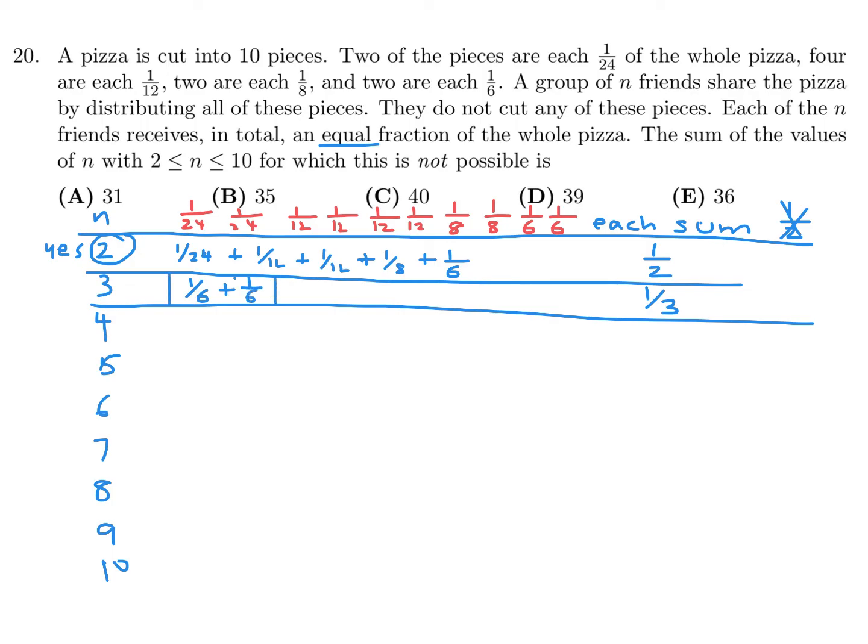The other person would get all 4 of those 1/12 slices. And then the remaining slices would go to the other guy. It's the 2 times the 1/24, and then 2 times the 1/8. And you can crank out these numbers to see that each of these do indeed add up to 1/3. Okay, great. So yes, there.